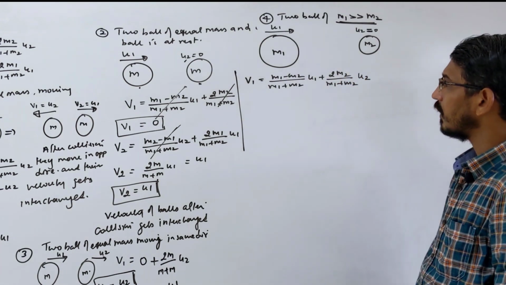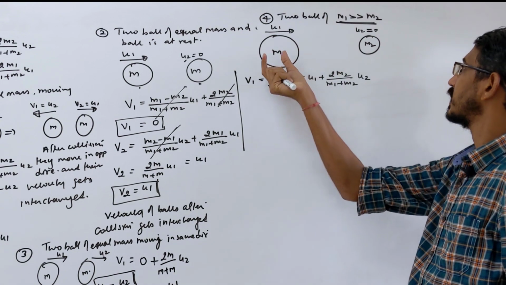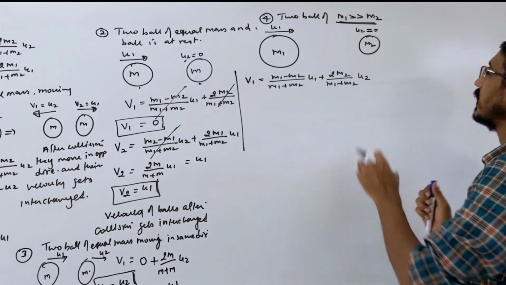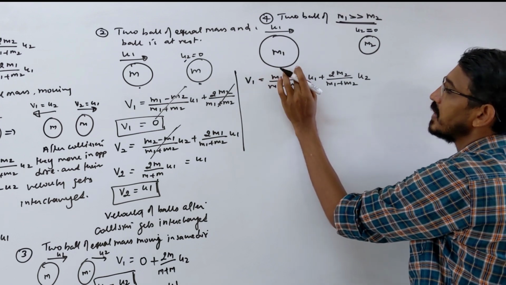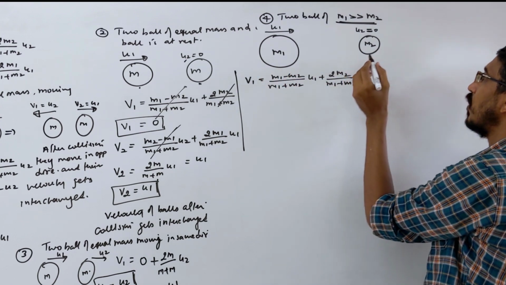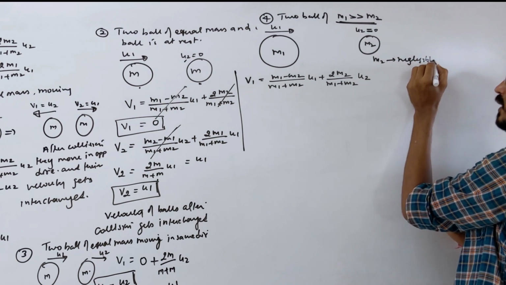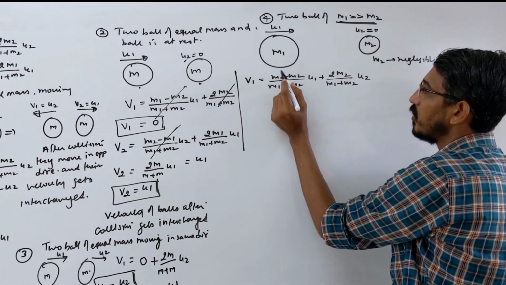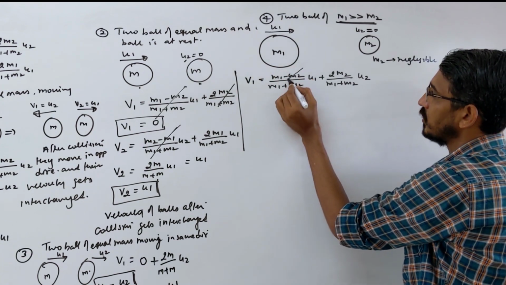Now let's see. What is given? First, the masses are different. One mass is very big compared to the other mass, and this ball is at rest. So look at this term first. m1 minus m2: m2 is very small, negligible, right? So very big minus very small doesn't affect, so we can neglect it.